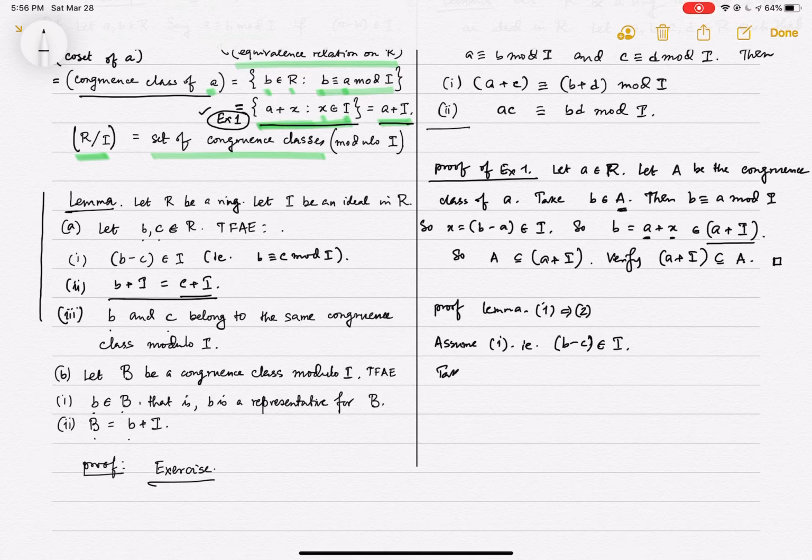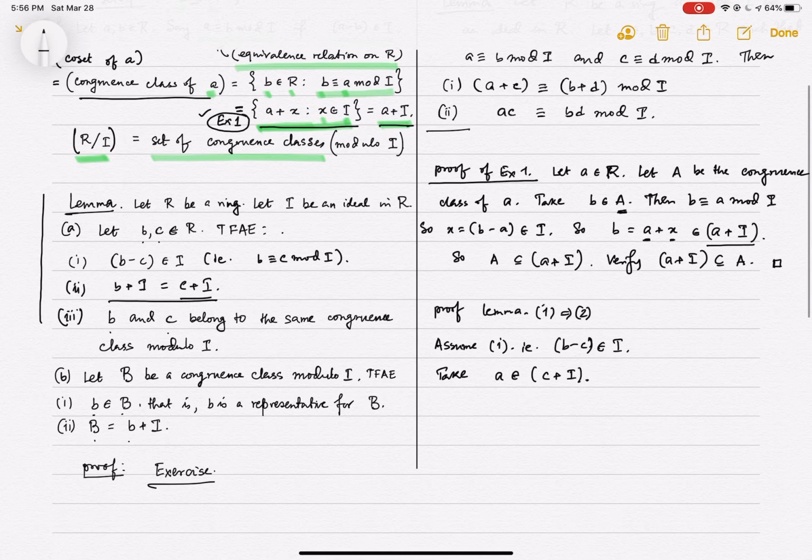So take some element in c plus I, call it a. Then what does that mean? That means a is in the congruence class of c. We just checked that c plus I is the congruence class of c. That was exercise 1, remember? So a is congruent to c, which means a minus c is in I. Now b minus c is in I, a minus c is in I, and I is an ideal.